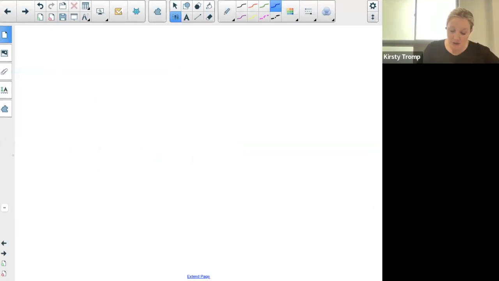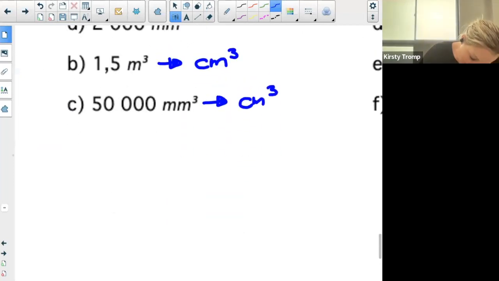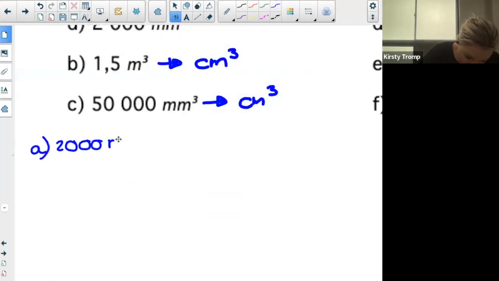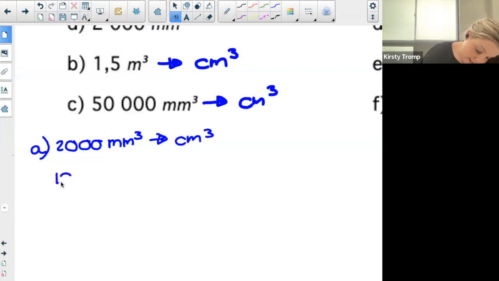About number A again. For number A, it was 2000 millimeters cubed, and you needed to convert it to centimeters cubed. So I said to you guys, I know that 10 millimeters equals 1 centimeter. If I want it to be cubed, what must I do to both sides?